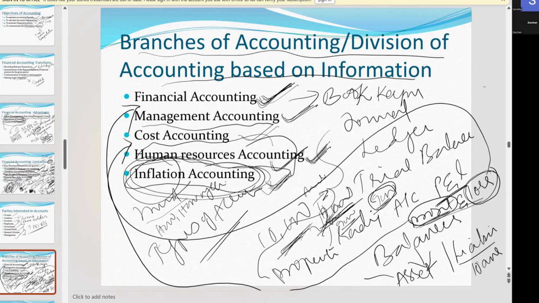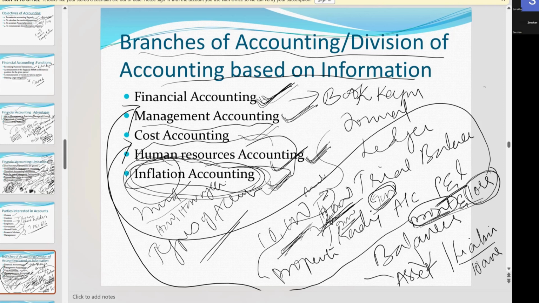How many types of branches of accounting are there? Financial accounting and management accounting. Financial accounting means preparing the trading, profit and loss account and balance sheet. Management accounting means if a company is getting profit, where to invest it. Cost accounting means if a company wants to reduce expenditure, they appoint a cost accountant to identify where to reduce the cost.